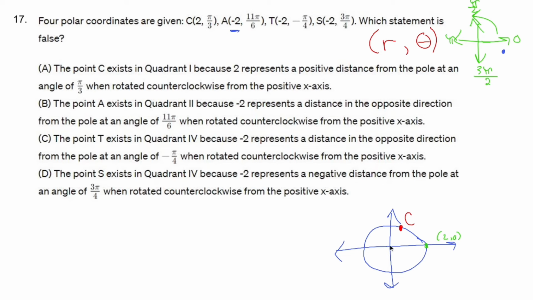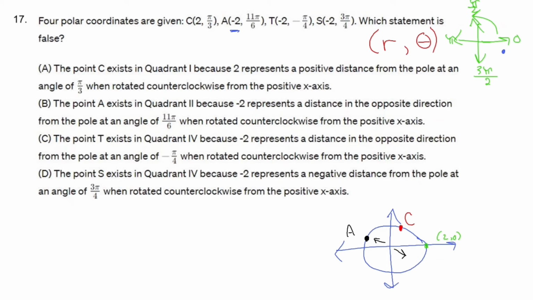I'm going to go in the opposite direction. So my dot has me going all the way around here, but since it's a negative 2, I'm going to put my dot right there. Okay, so you're going to be A. Again, normally you would go in this direction, but since it's negative 2, you go in the opposite direction, which gives me that A right there.